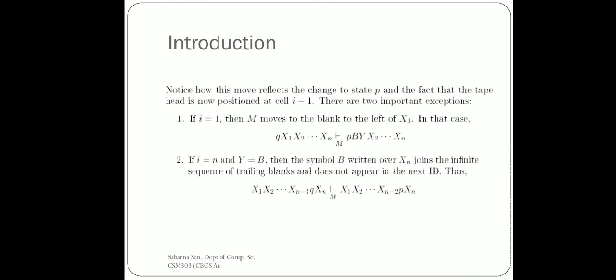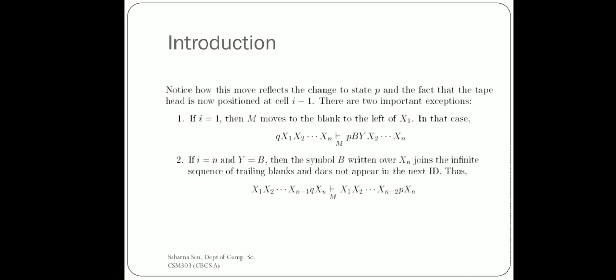Okay, now there are some special situations in how this move reflects the change to state p and the fact that the tape head is now positioned at cell i minus 1. There will be two important exceptions. Let us say if i equals 1, then M moves to the blank to the left of x1. So i equals 1 means x1, so it will have nothing to the left.